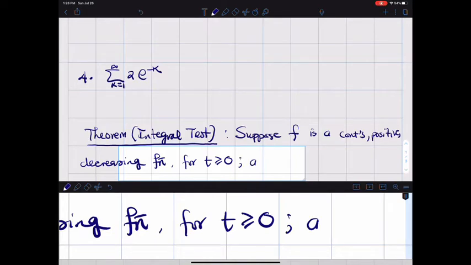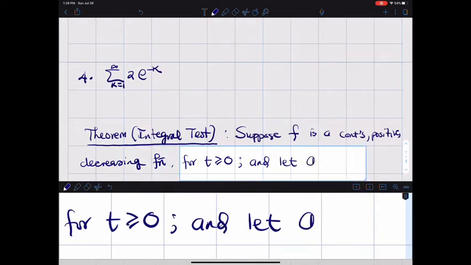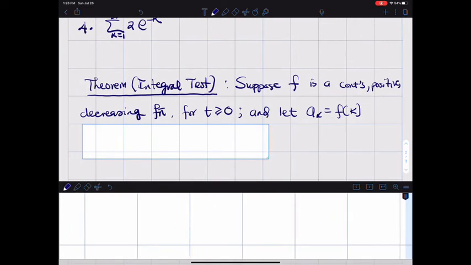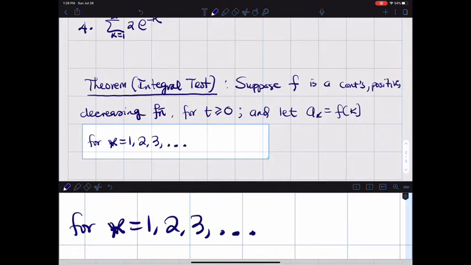And then let ak be equal to f of k, for k equals 1, 2, 3, and so forth. Then there are certain things we can conclude.